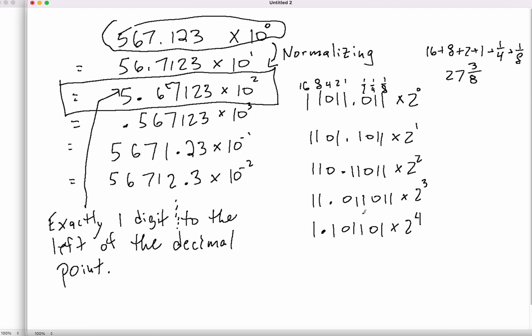And notice that this is now normalized. It's normalized because there is one non-zero digit to the left of the decimal point.